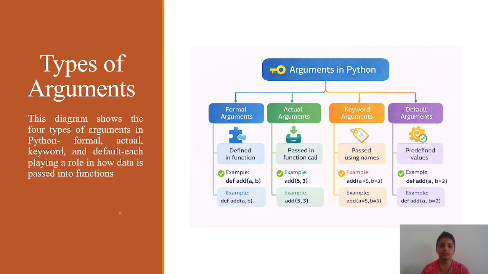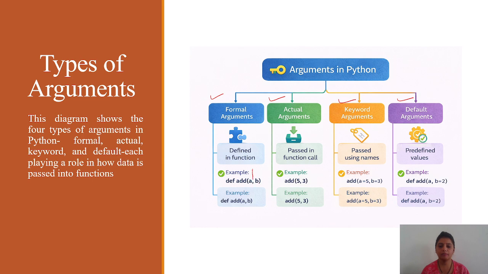Let's try to understand a small summary of types of arguments in Python. As we studied in my previous video, in arguments you have formal arguments, actual arguments, keyword arguments and default arguments. Formal arguments are defined in the function, for example, add a comma b.